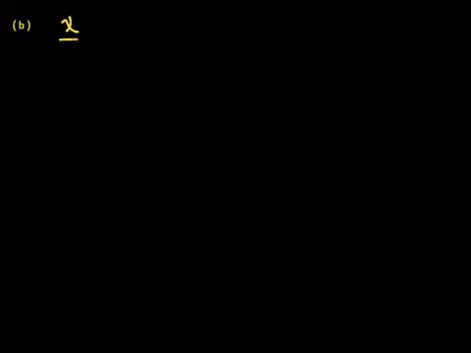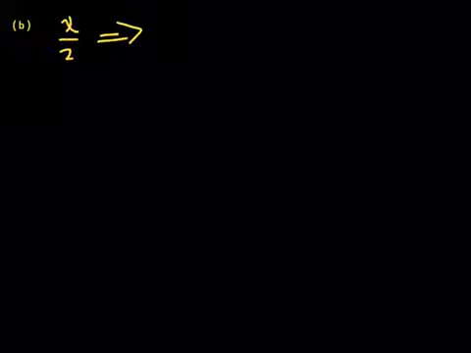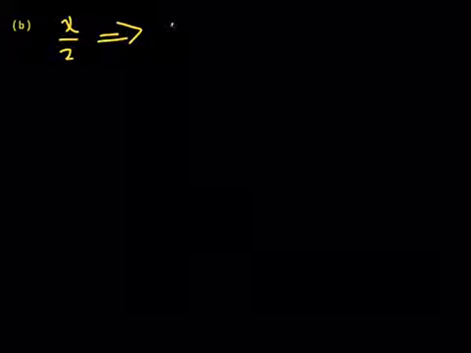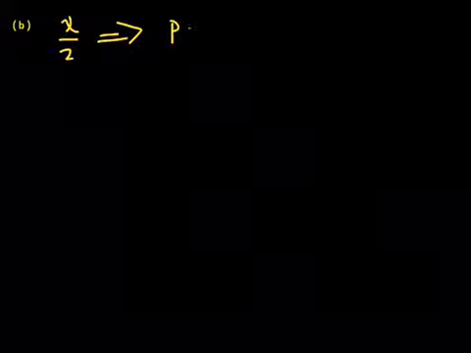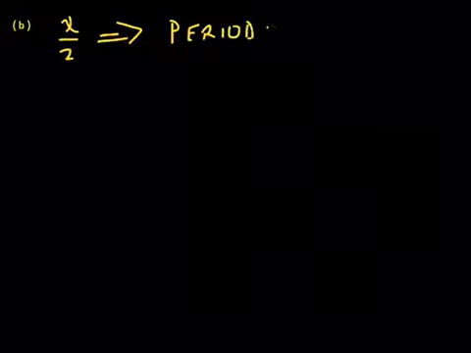Now for part B, remember it says solve for all solutions. Look at your argument in the equation that you solved. Your argument is x over 2. That implies the period. Do you remember in chapter 4, graphing our functions, that the period is 2 pi over b?